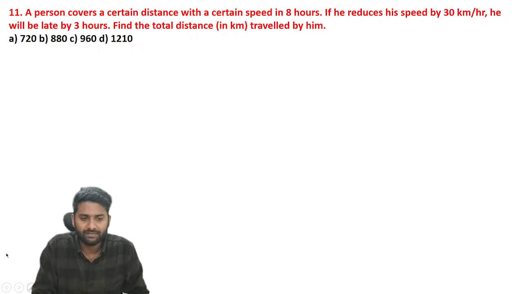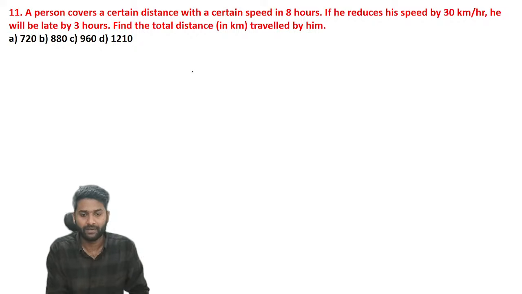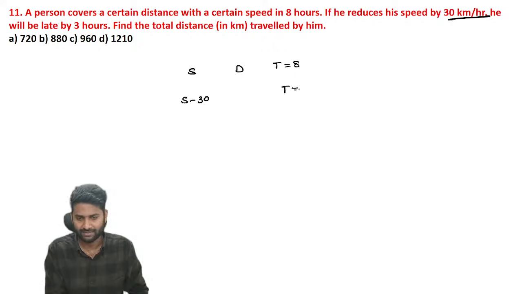A person covers a certain distance with a certain speed in 8 hours. We don't know the speed, we don't know the distance, but we know the time. It takes only 8 hours. If he reduces his speed by 30 km per hour, he is late by 3 hours, so the time taken is exactly 11 hours.